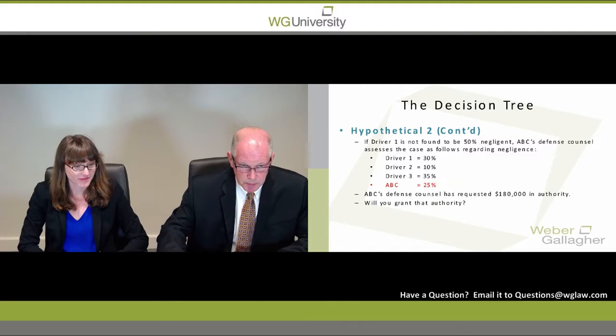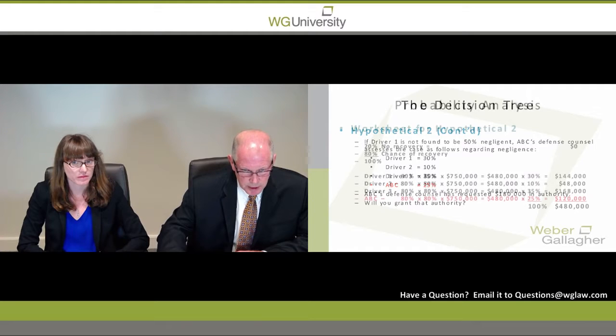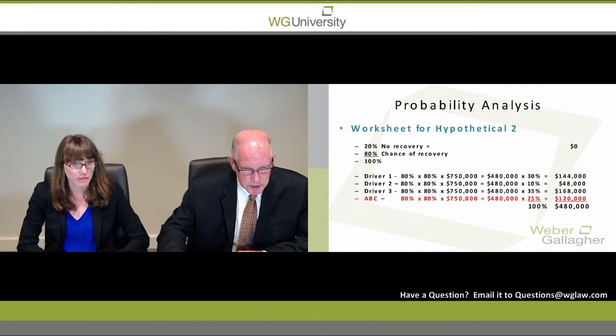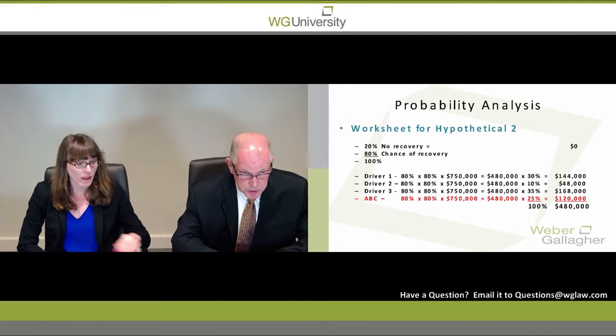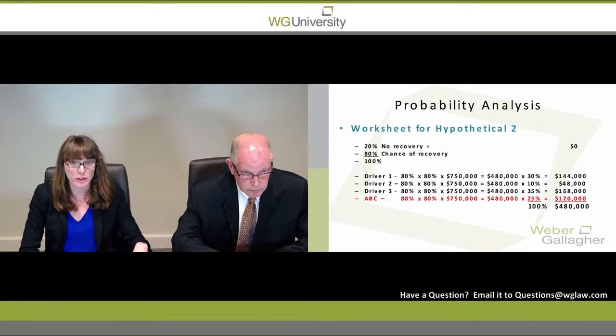Remember, when you do your probabilities, each branch has to add up to 100%. Sometimes when that doesn't happen, you have to go back and have counsel change the percentage. Again, each branch has to add up to 100%. And on that point, Tim, I think initially that's where you can tell if you have enough information from defense counsel.